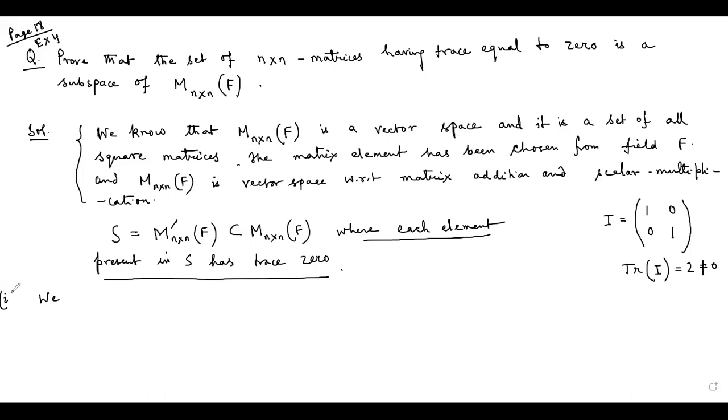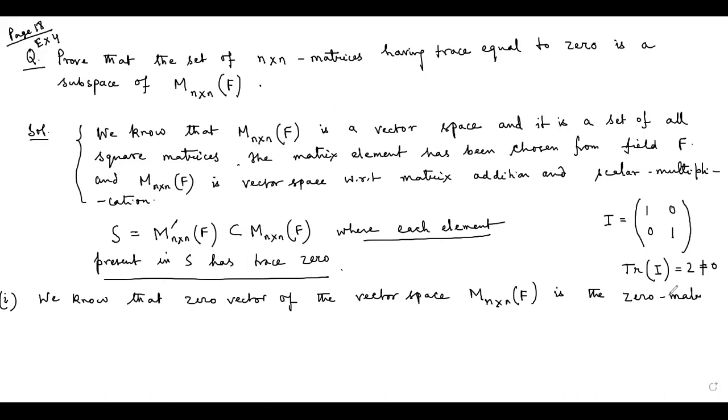We know, number one, that the zero vector of the vector space M n cross n F is the zero matrix of order n cross n, which looks like this. This is the zero matrix.